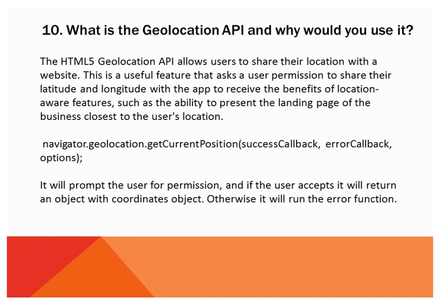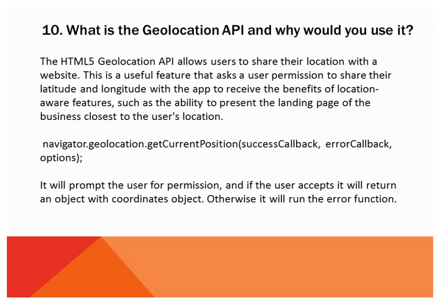The 10th question. What is the Geolocation API and why would you use it? The HTML5 Geolocation API allows users to share their location with a website. This is a useful feature that asks the user's permission to share their latitude and longitude with the app, to receive the benefits of location-aware features, such as the ability to present the landing page of the business closer to the user's location.